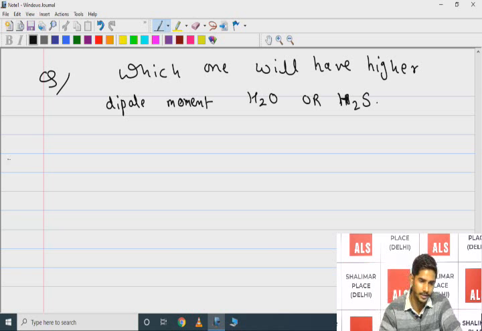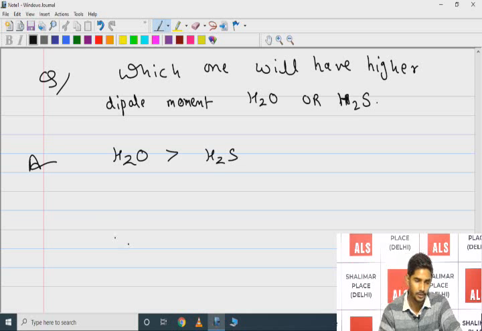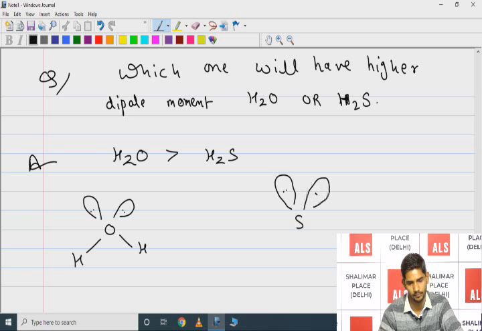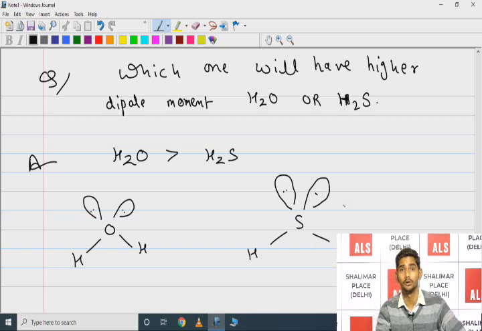Okay, very good. Yes, the answer would be H2O. Why? See, the shape would be the same for H2O and H2S, but the problem is oxygen is more electronegative than hydrogen, therefore the charge created on the oxygen, or we can say the charge difference between hydrogen and oxygen, would be very high.